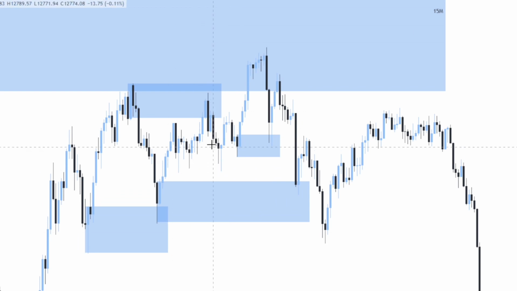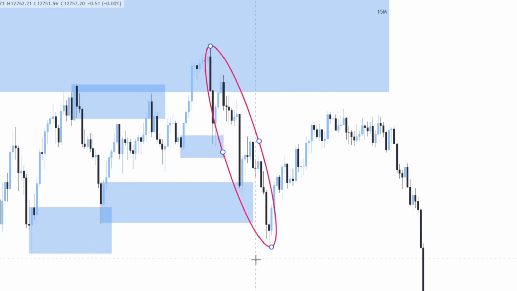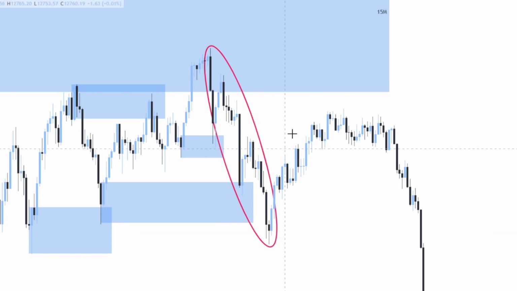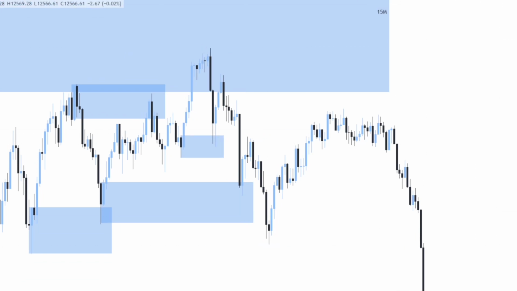You want to look for reactions to the zone that you may believe is a zone, because at the end of the day, it all goes back to testing. In this case, it's a 15-minute zone. That's the entire swing move, right? The whole idea of a swing move is you want to focus on midpoint and extremes.